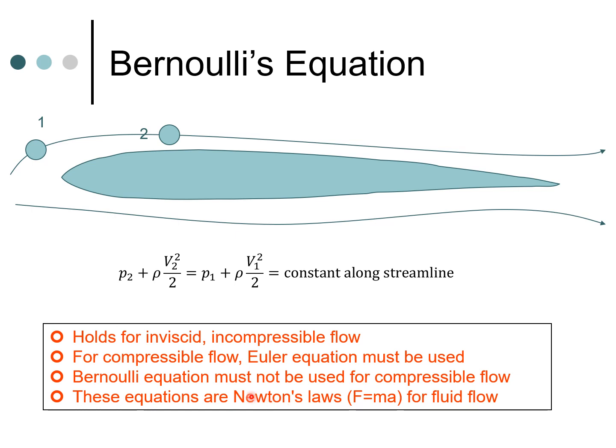That's something to keep in mind, and both these equations are essentially a form of Newton's law, F is equal to ma. We saw that was the formula we used to derive the Euler's equation, so essentially this is nothing but Newton's law for fluid flow.